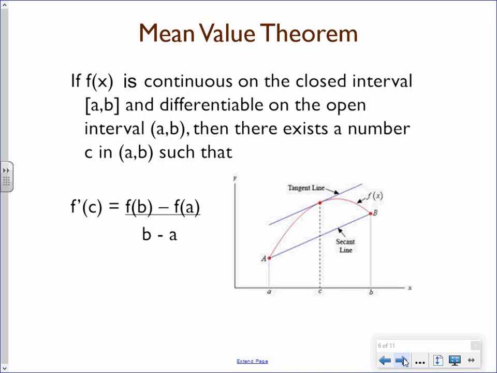But what the mean value theorem says is that we have a curve and we have A and B. If we find the slope between A and B, then somewhere on the curve there will be a tangent line with that same slope. So there's going to be a derivative somewhere between A and B that has the same value as the slope between A and B. And you can see that visually where we have those parallel lines. Okay. Go ahead and write it down.